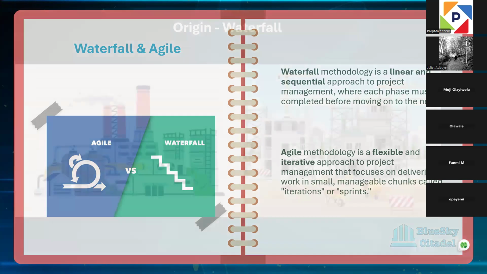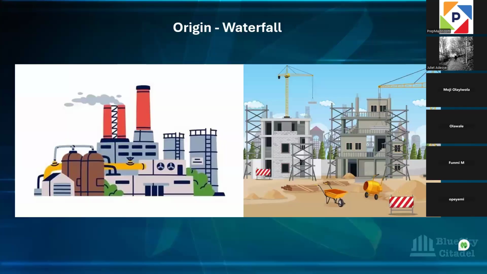Okay, so we want to quickly have a look at the origin of waterfall. How did waterfall as a project management approach start? So waterfall methodology originated from the manufacturing and construction industries. That's where projects have steps that need to be completed in a very strict and sequential manner, as we've explained the waterfall approach to be.